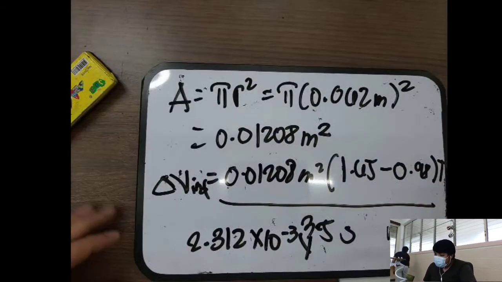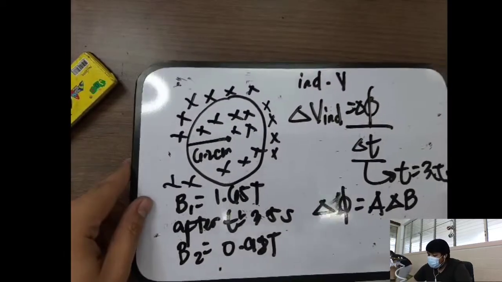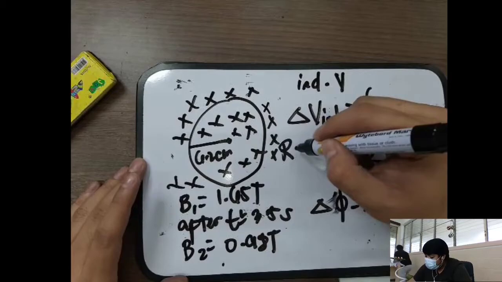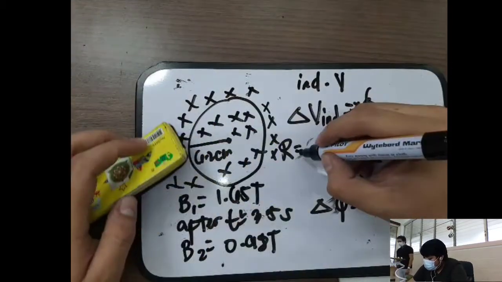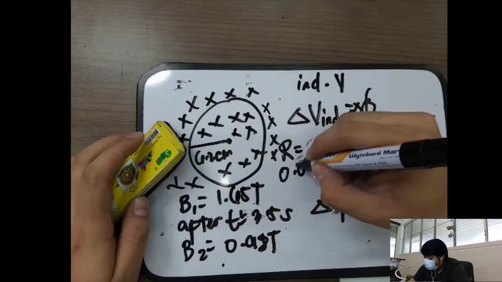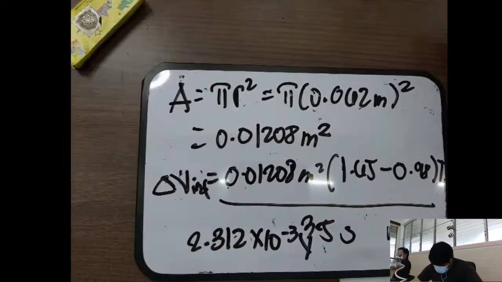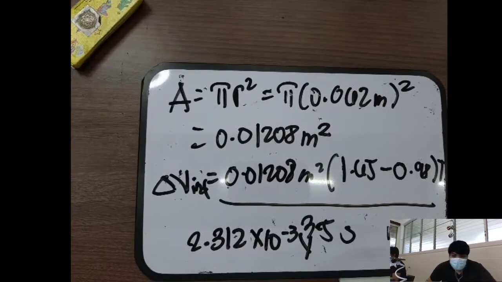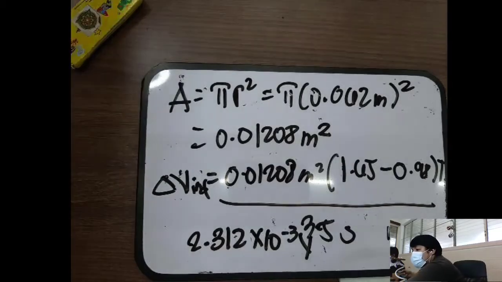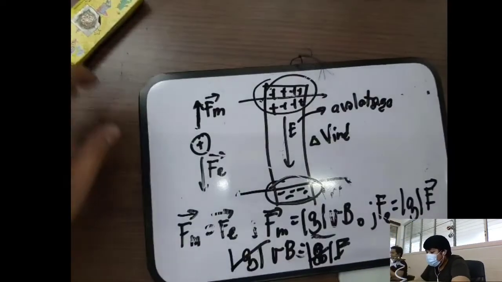So now, going back to the ring, let's say that the ring has a resistance of 0.03 ohms. So by Ohm's law, wait lang. Okay, I'll erase this one again.